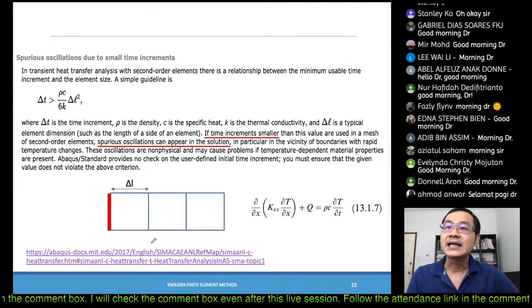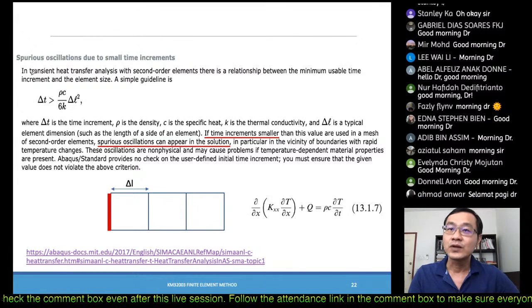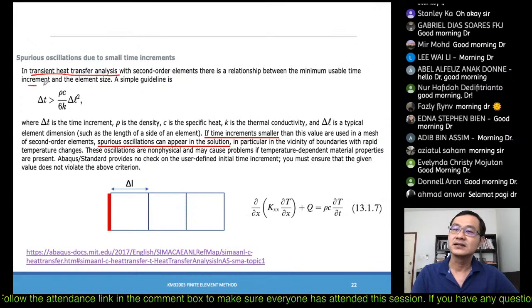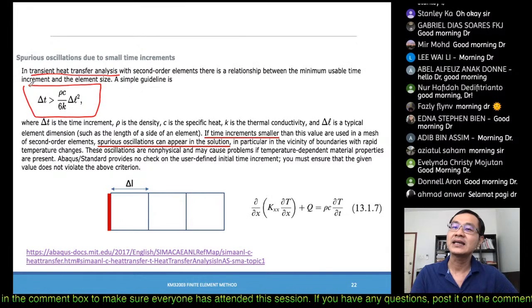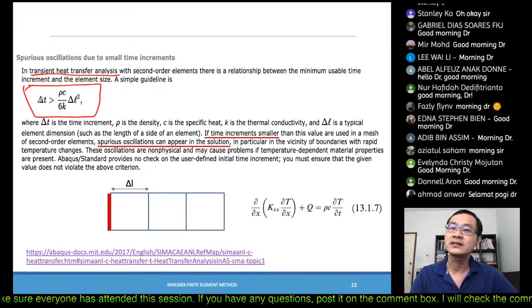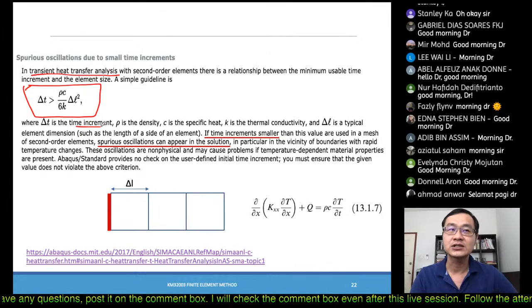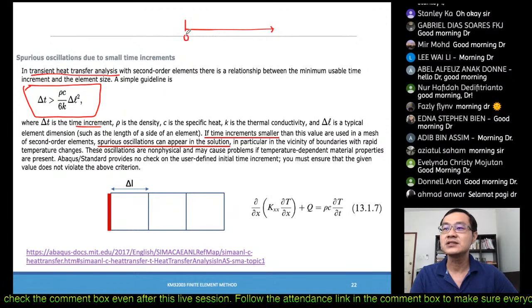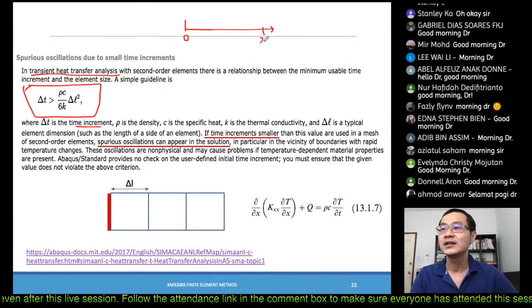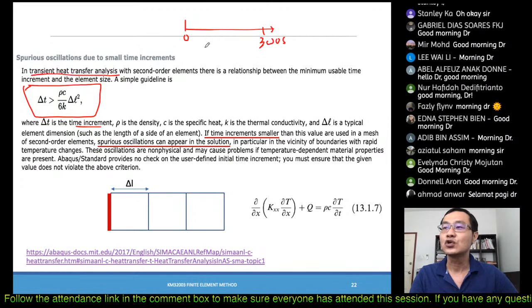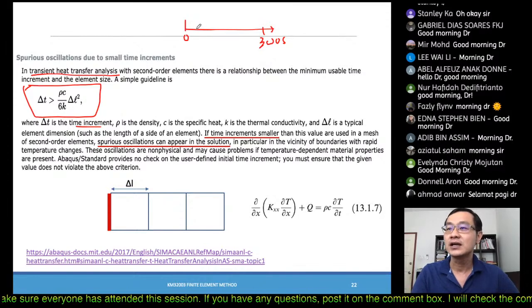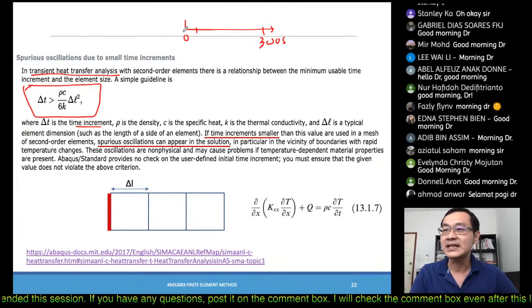When we run the transient analysis, then we should be aware of this guideline. This is just a guideline given by Abaqus, regarding the time step or the time increment itself. Because we are doing a transient, meaning we will simulate from time 0 maybe to time 3000 seconds, we should identify what the next step would be.